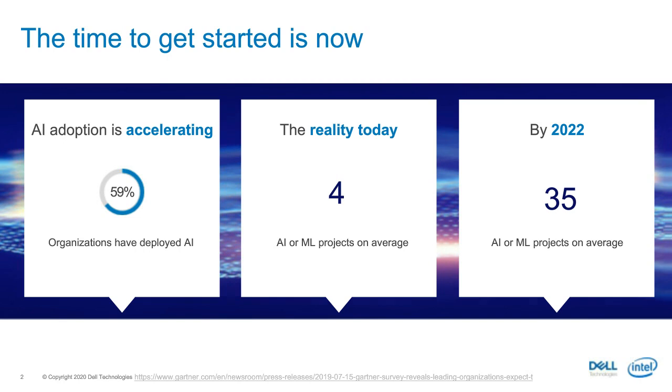Now, most of these organizations only have 4 or 5 projects on average in flight, right? But if you look at the trend, by 2022 this is going at a much higher pace, where they expect to see about 35 projects in flight where they're going to be deploying AI.